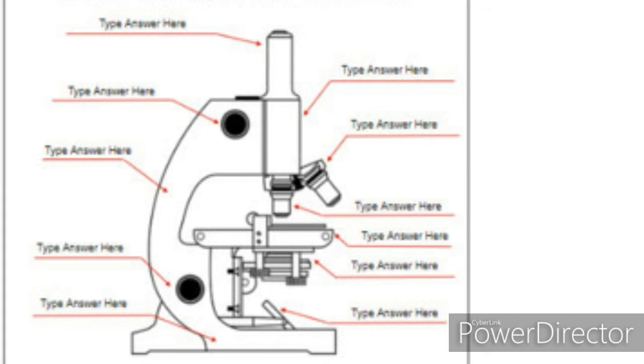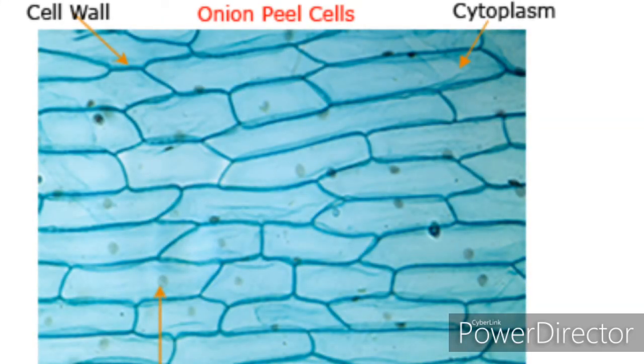First you put a drop of water, and in that you keep this small thin piece of onion peel. And you have to put 2 or 3 drops of glycerin with the help of a dropper so that the specimen will not dry up.